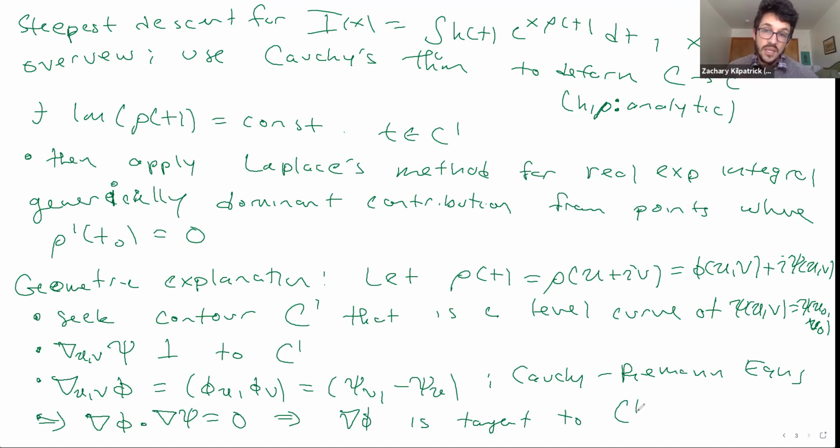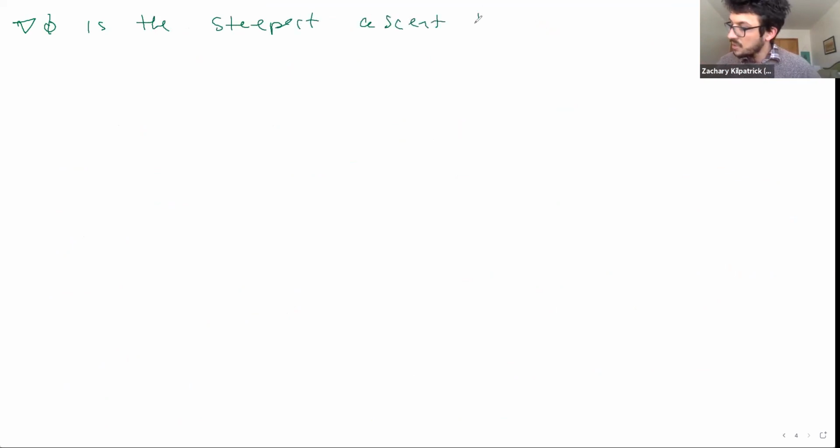So then what does this mean? Well, what it means is that the gradient of phi is the steepest ascent direction on the surface. The real part of rho is equal to phi of uv.